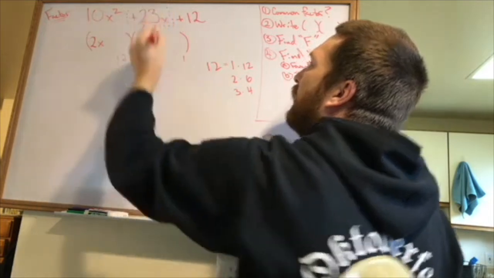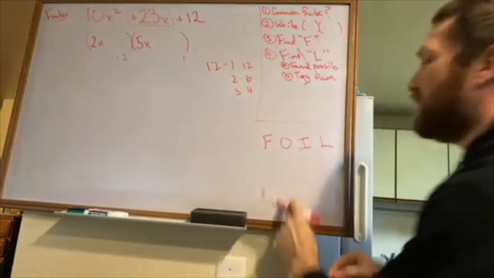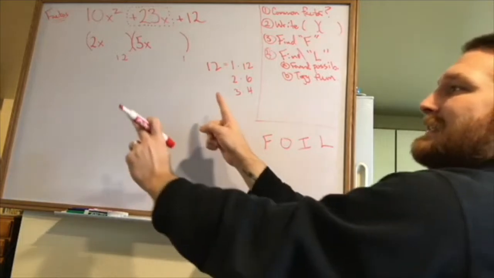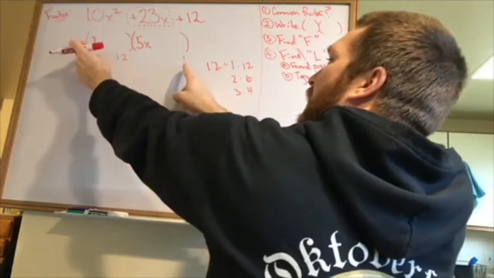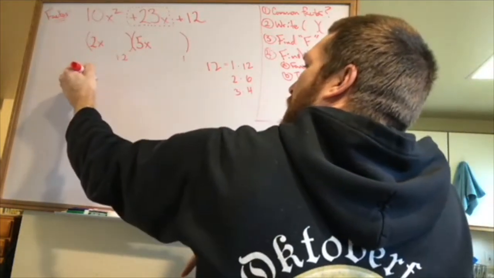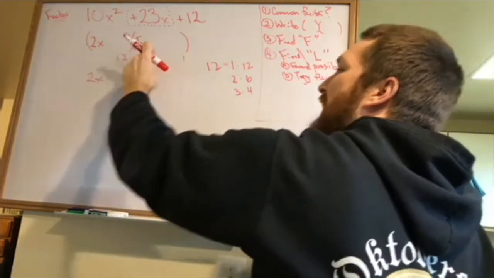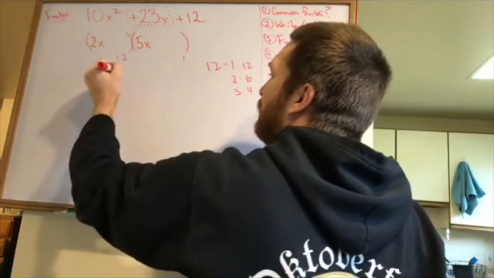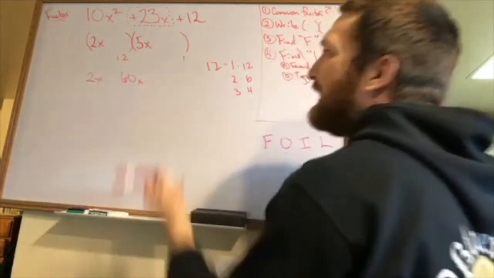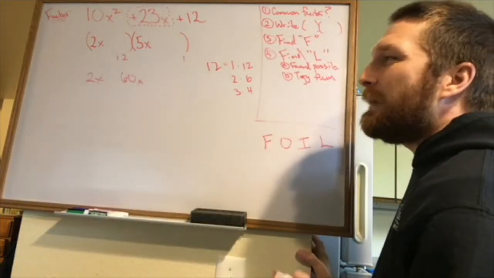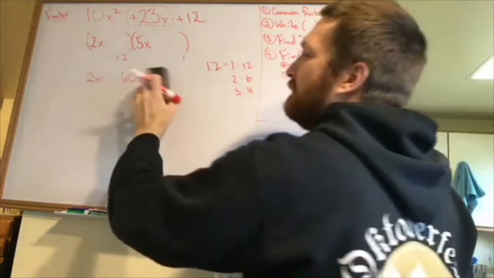When we FOIL, that middle term comes from the outer and the inner multiplications. If I had a 1 here, then the outer would be a 2x times a 1. The inner would be 12 times 5x, and 12 and 5 is 60x. And I could see that way overshoots the 23, right? So I'm not going to try it that way.